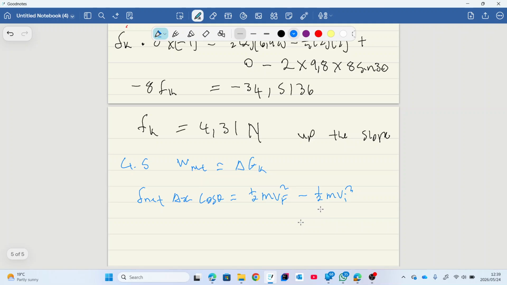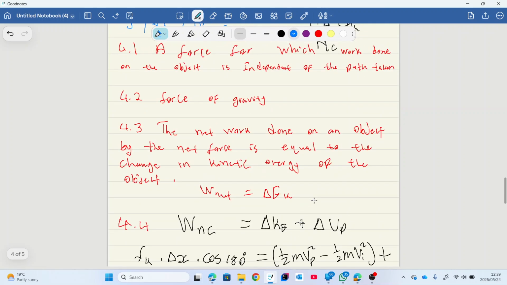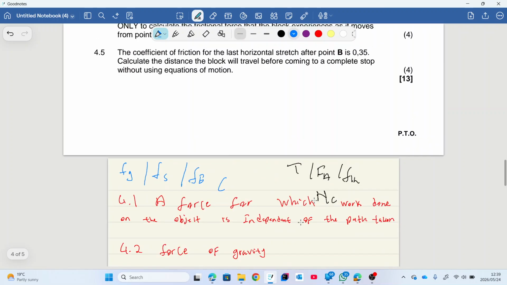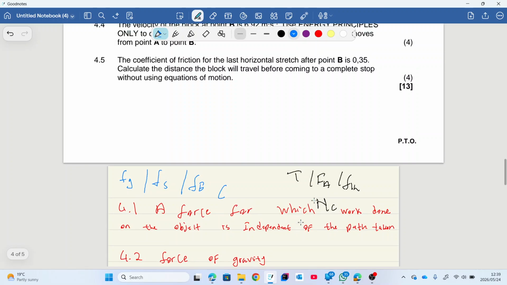Then we can now substitute the values. The intention is to get what? The distance. The intention is to calculate the distance, right?